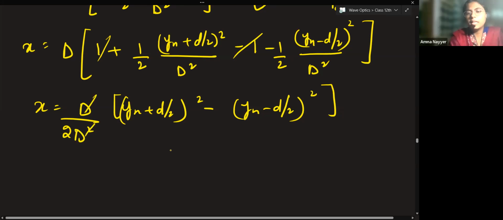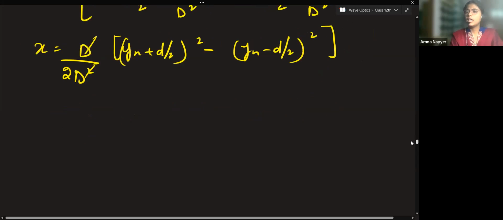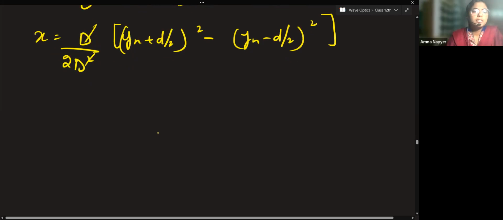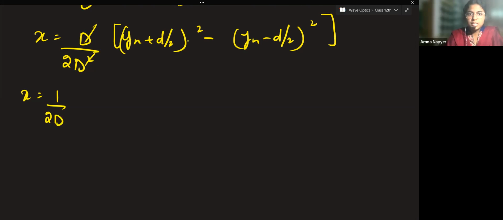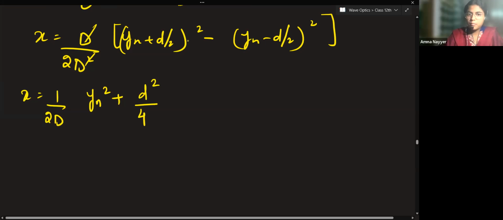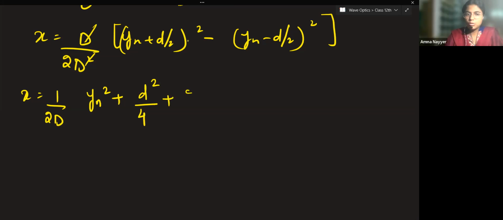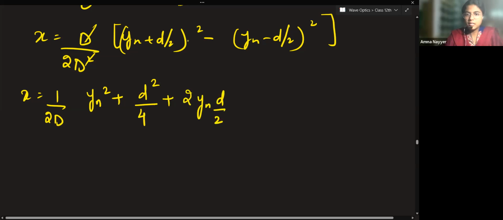Now we'll apply the normal algebraic identities, a plus b whole square and a minus b whole square. So X will be equal to 1 by 2D remaining. A plus b whole square is a square plus b square plus 2ab, with a square yn square and b square D square by 4.